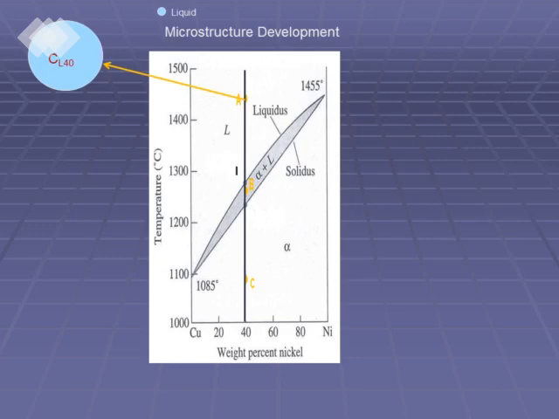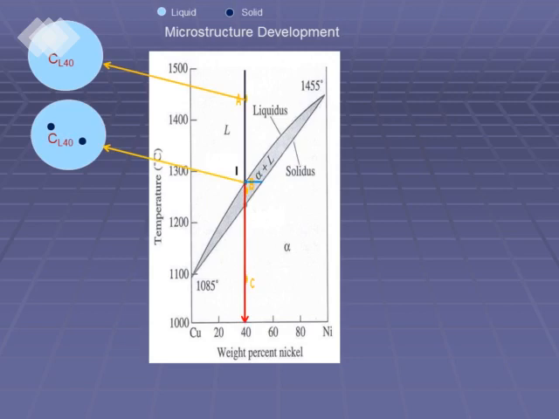And when we continue to cool the alloy down to point 1, a small amount of solid phase is formed. The composition of the liquid is still 40% because it falls on the liquidus line of the phase diagram when a tie line is drawn.